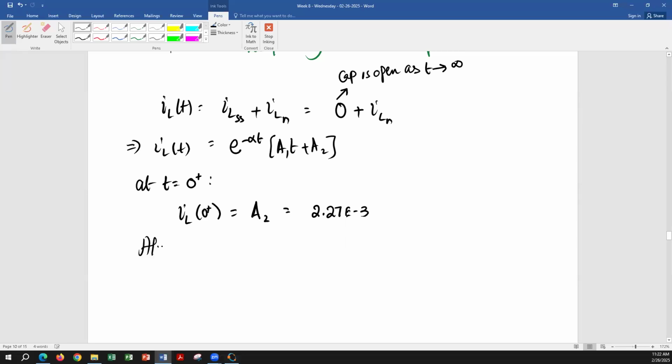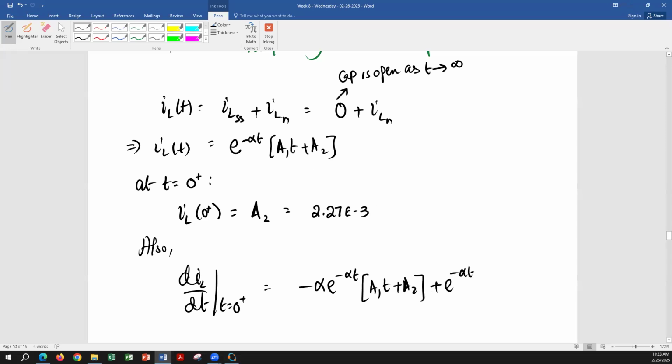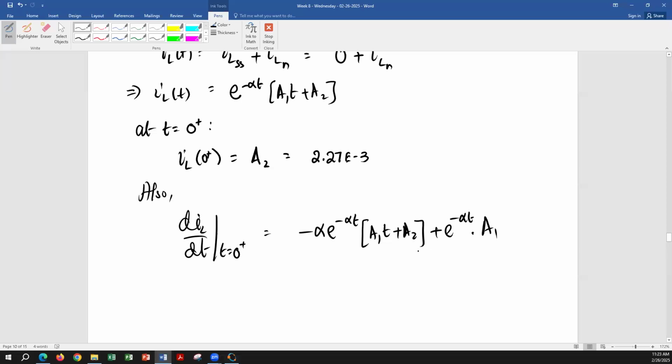And now we're going to take the derivative of current and evaluate that at t equal to 0 positive. All right, we take the derivative. First one is going to be negative alpha e to the power negative alpha t times (a1 t plus a2), and then plus e to the power negative alpha t times the derivative of the second term, which will be a1 times a1. We evaluate this expression at t equal to 0.